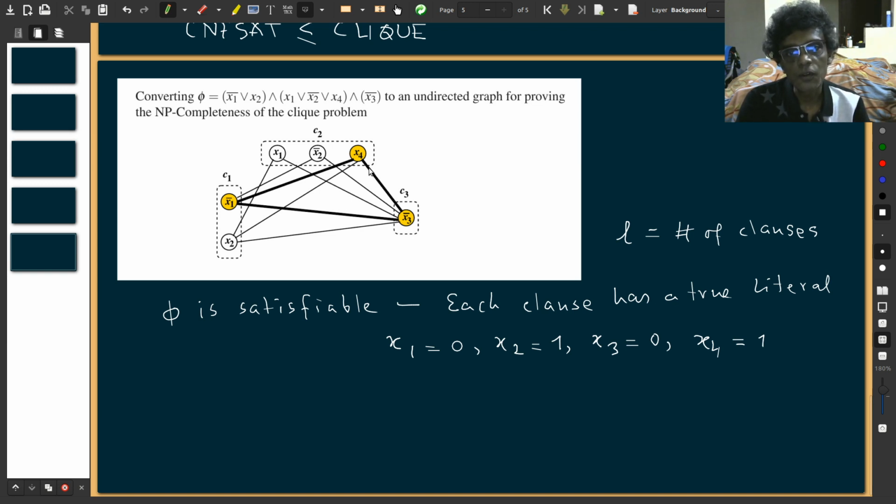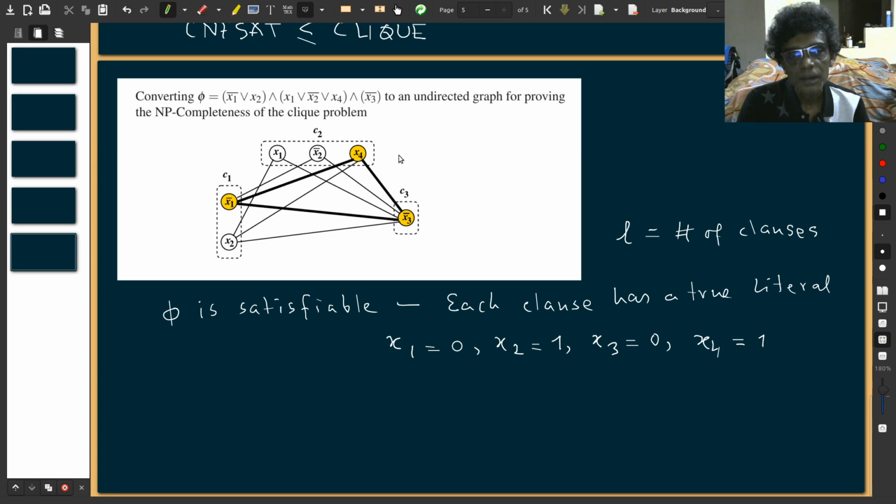And you convince yourself that these vertices must form a clique. That is, if there is no edge from here to here, they are contradictory. But contradictory means this is true in this clause, this cannot be false in this clause. So all these edges must be there.